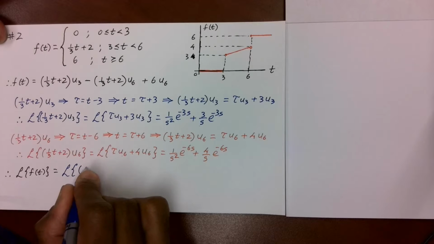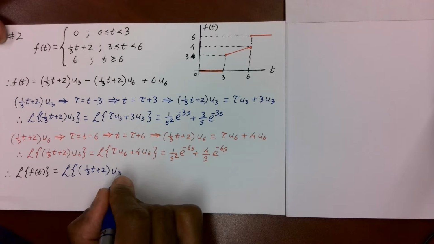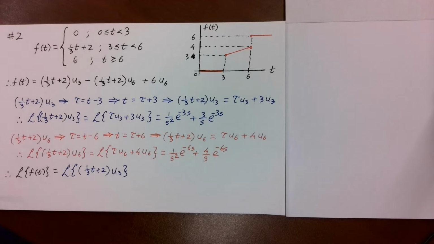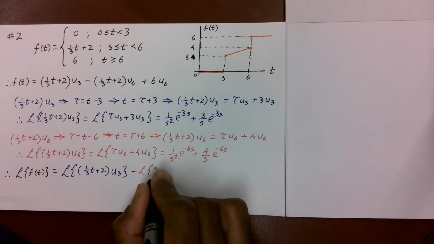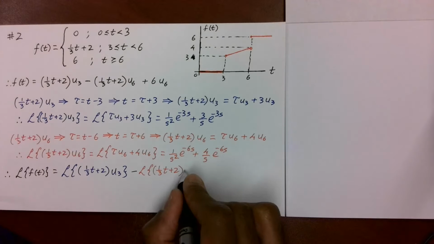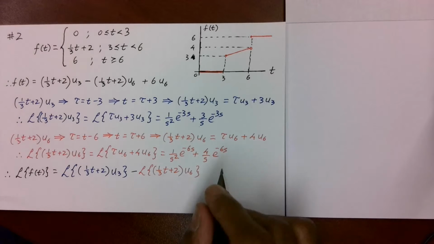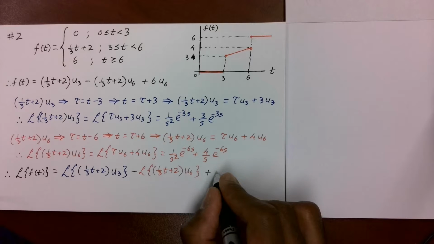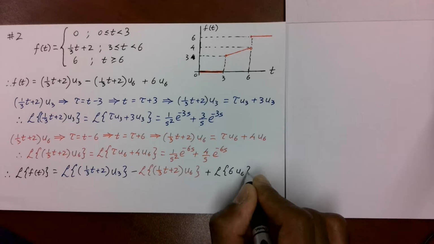So it is the Laplace transform of (1/3 t + 2) u3 minus the Laplace transform of (1/3 t + 2) u6 plus the Laplace transform of 6 u6.